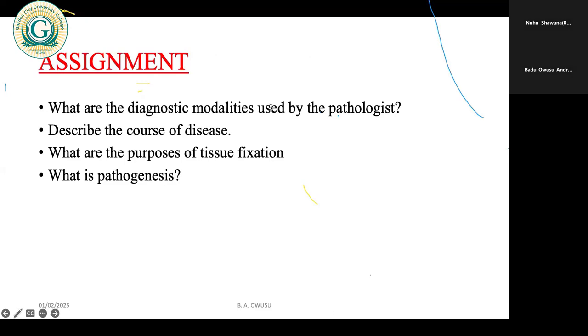With the lab, with the referral centers, sometimes I just want to make a contribution here. Those who normally have a CHPS compound and those small facilities, sometimes they use the machine, the HB detector. You have a small machine that you pick the sample with. That one, when you check with the microscope, or those with the bigger facilities use their own to do it, sometimes it differs.